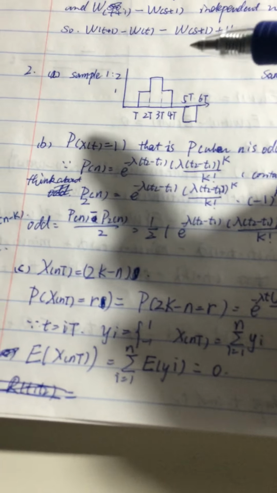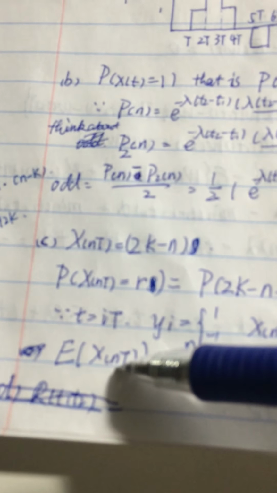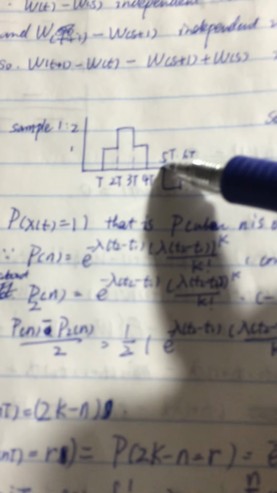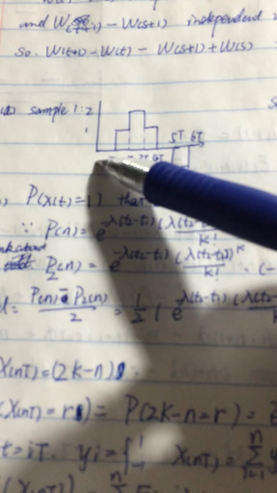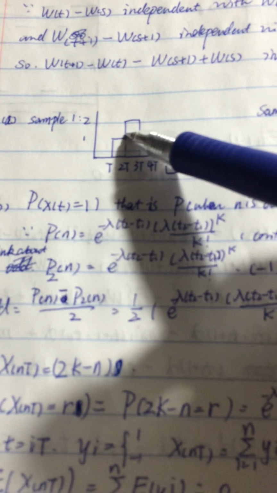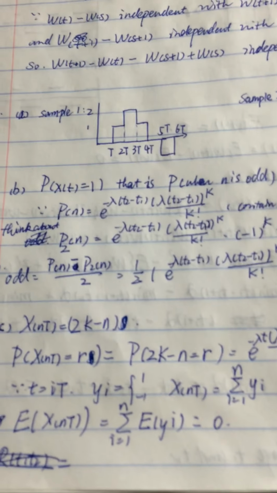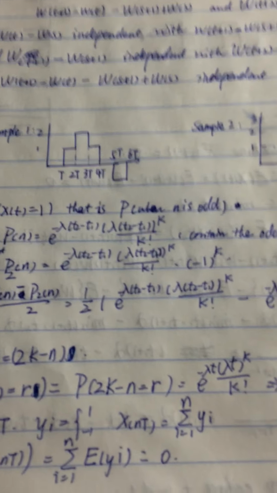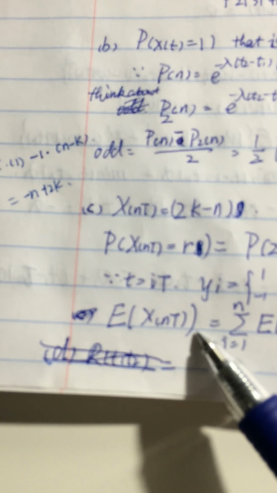When n is 5, you can see from the beginning to n equals 5, we either go up or go down. That means we add or subtract 1. So Xt means all the steps are added up or subtracted, and we get the answer.